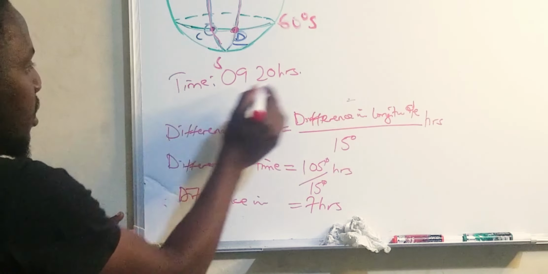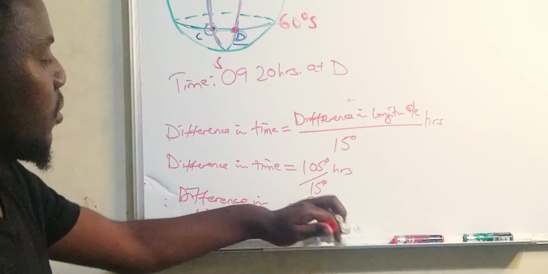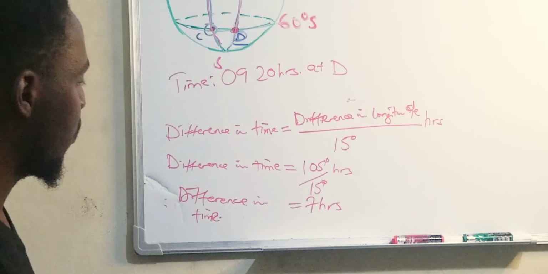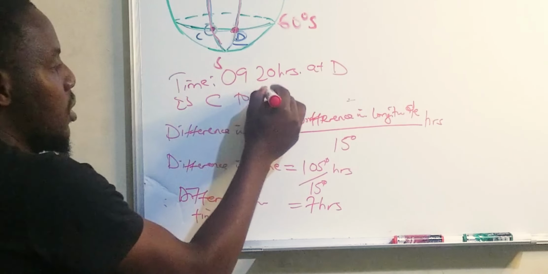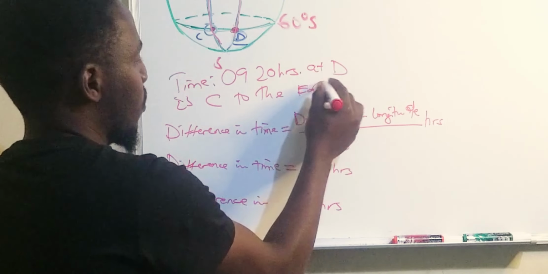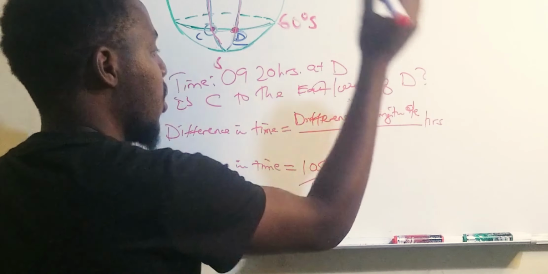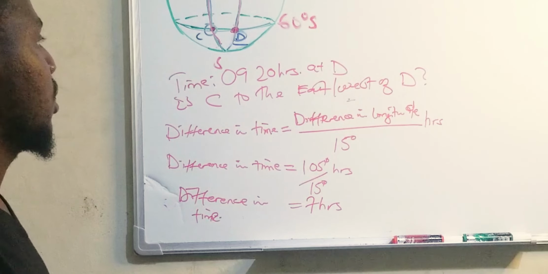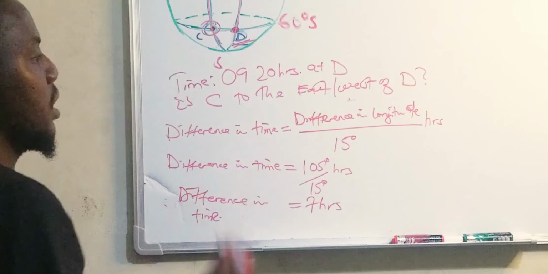This is at D. Now, since you have gotten this time difference, ask yourself, is C to the east or west of D? This should be the question that you need to ask yourself after you've gotten the time difference. If you look at C, C is located to the west of D.